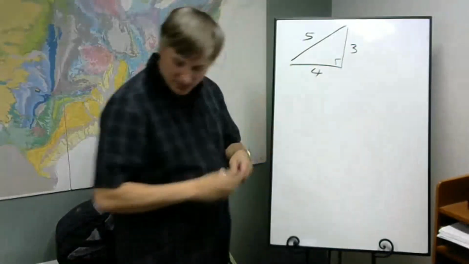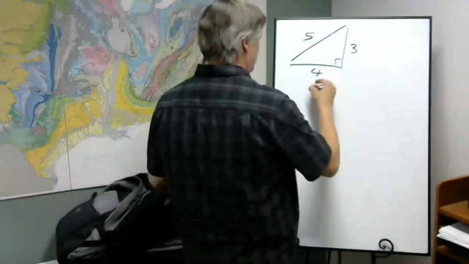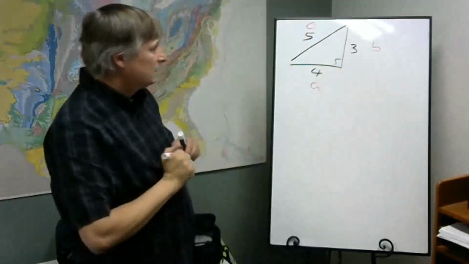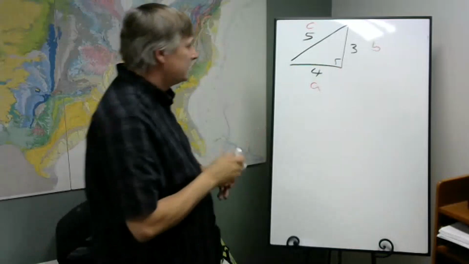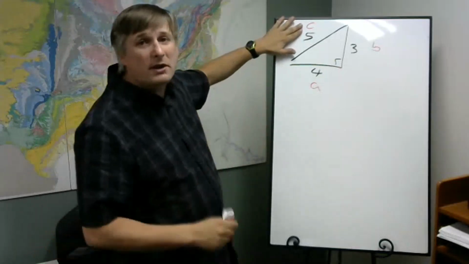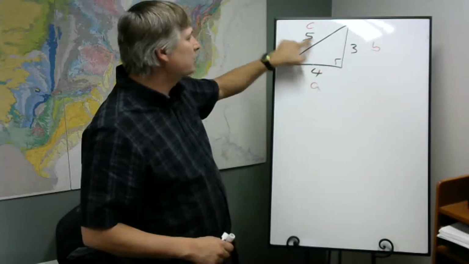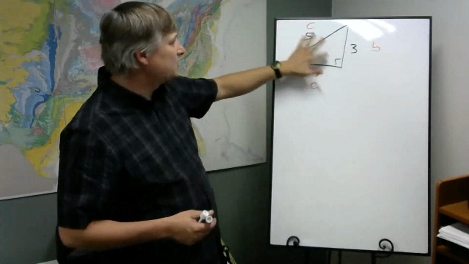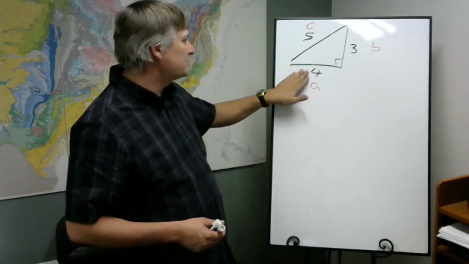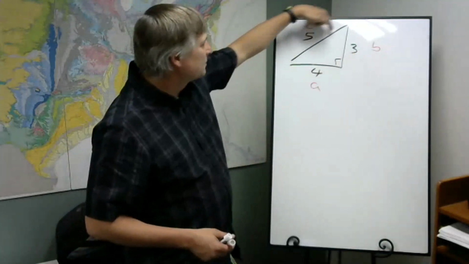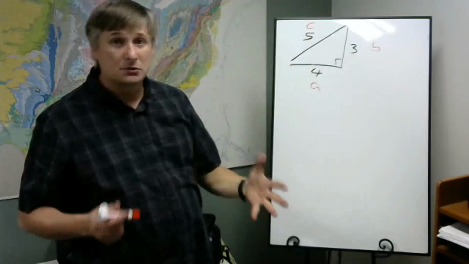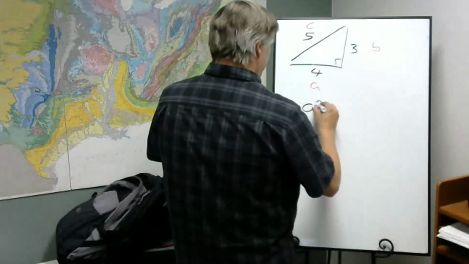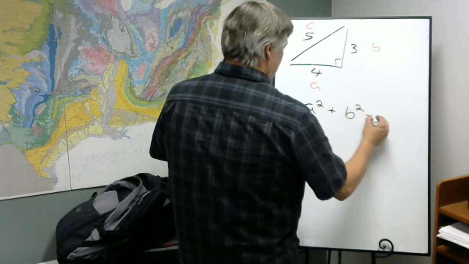Well, let's say this is A, B, C. So according to the Pythagorean theorem, and keep in mind, C is always the side directly across from that perfect 90-degree angle, that perfect corner. It's always the side directly across. So it'd always be this squared plus this squared equals this inclined side squared. And to show you that this is true, let's take a look at A squared plus B squared equals C squared.